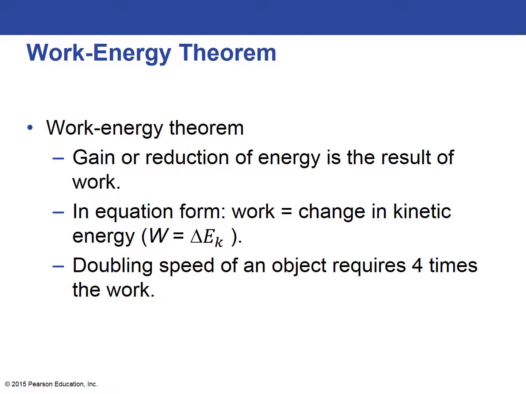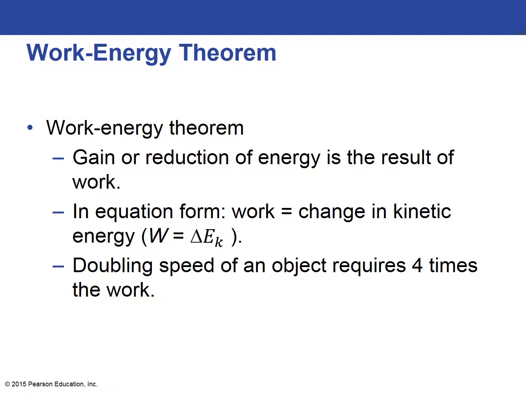Or to say it another way, I have an object which has some speed that results in a kinetic energy of, we will say, 4 joules. If I want that same object to have twice as much speed, then I have to apply 4 times the amount of work to that object for that doubling of the speed.